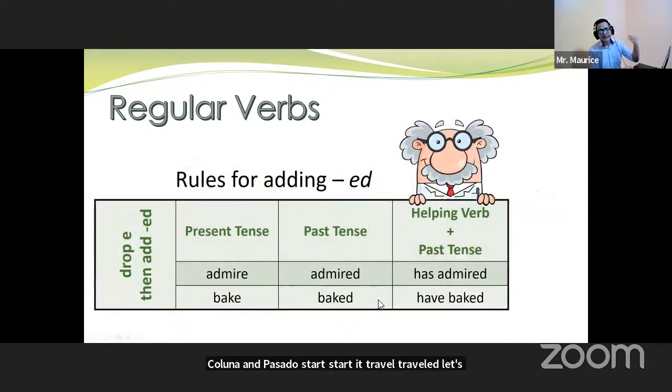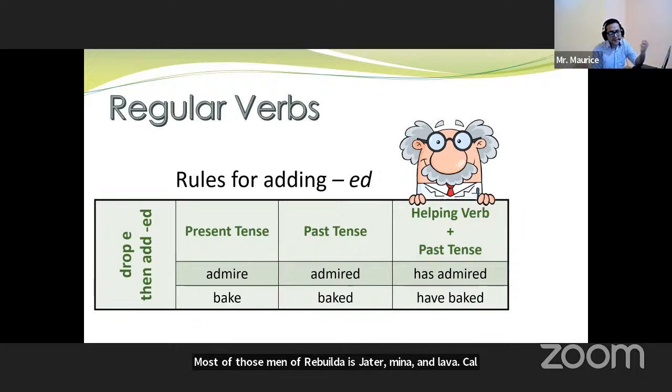Let's continue. Otras de las reglas, estimados estudiantes, son aquellos verbos que terminan en la vocal E, como admire and bake. Como estos dos verbos regulares ya terminan en la vocal E, pues simplemente les añado la D para transformarlos en pasado.